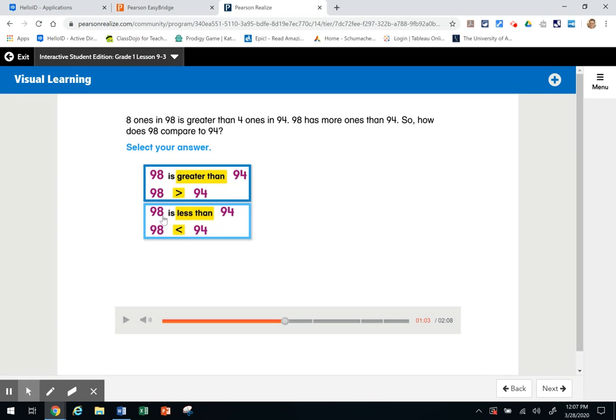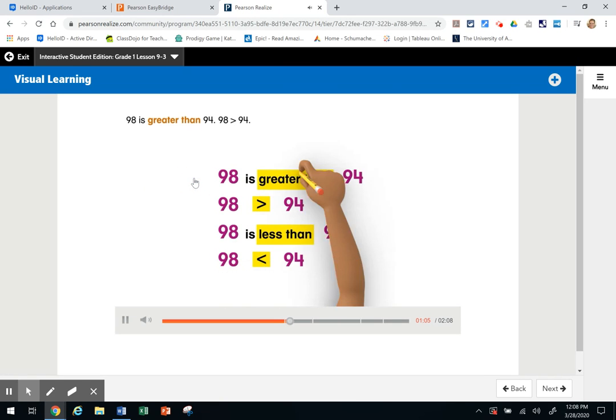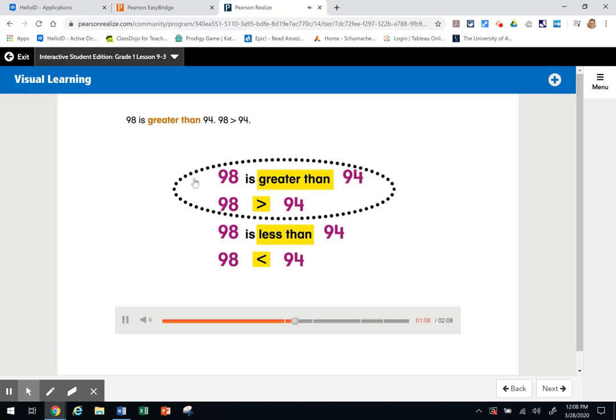Down here, this one says that 98 is less than 94, and less than means smaller. So is 98 smaller than 94? No, it is not. So the mouth is facing the opposite way. So the correct one is the top one. 98 is greater than 94.